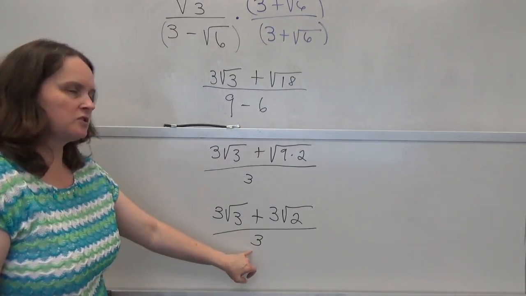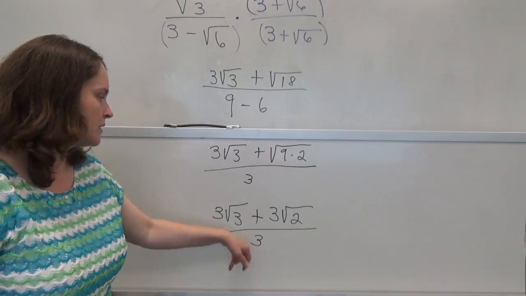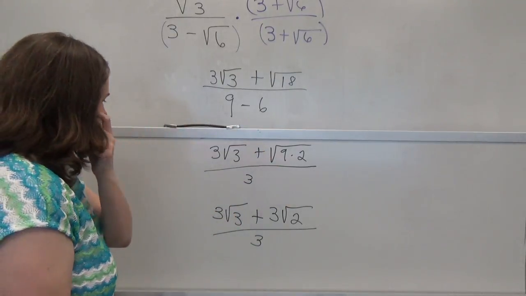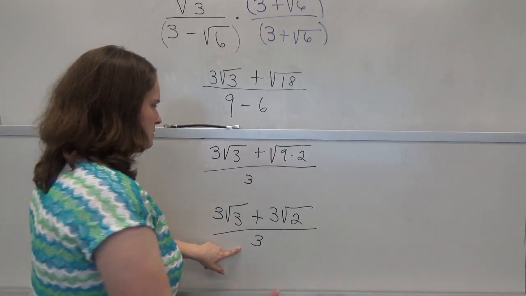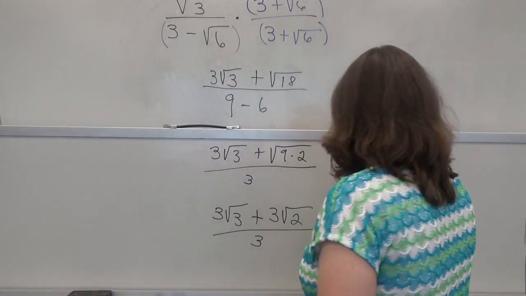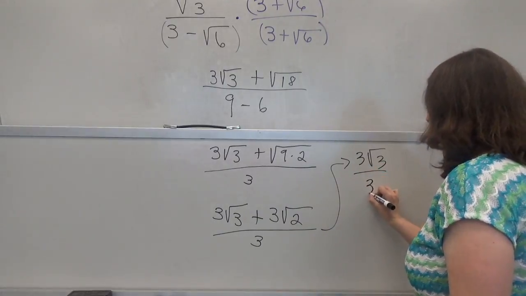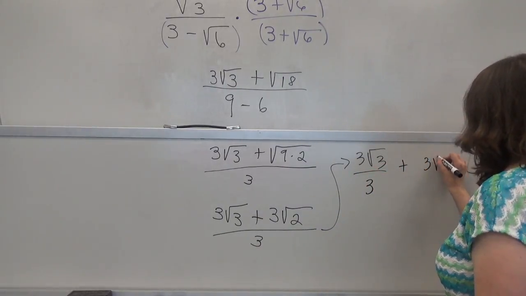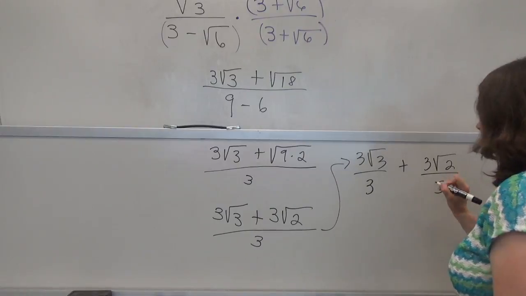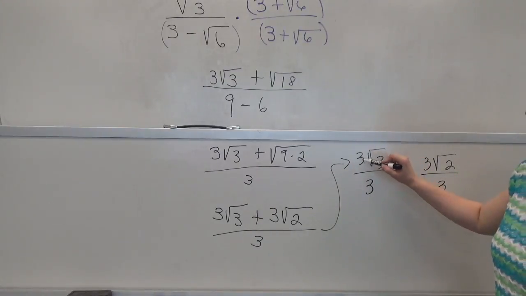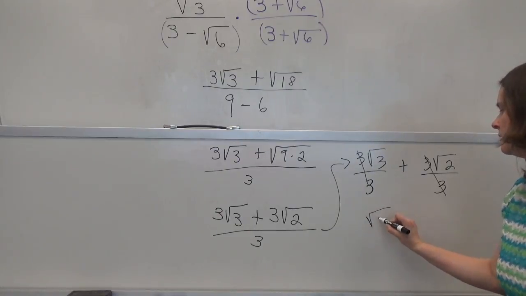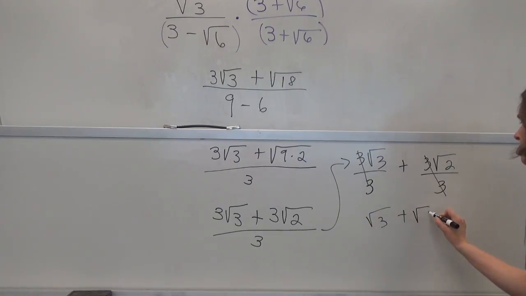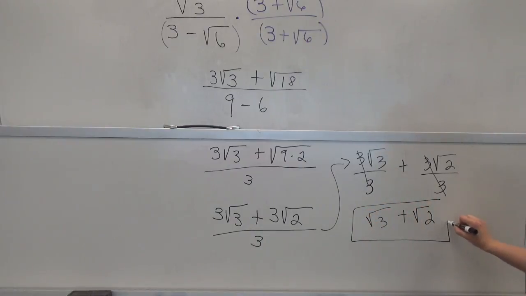Because the denominator now just has a single term, we can break this apart into 2 pieces. We can say that this is 3 square root 3 over 3 plus 3 square root 2 over 3. Writing it this way, we can see that these 3's are going to cancel here and here. So we've got square root 3 plus square root 2. That is our final answer for that problem.